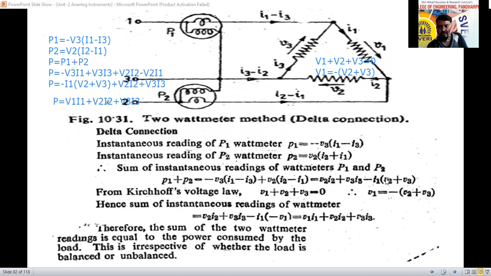By substituting minus V1 here, minus into minus becomes plus. So the summation of the total instantaneous power is V1 I1 plus V2 I2 plus V3 I3. So the three-phase power we can measure by using only 2 wattmeters. Now we have proved the equation.